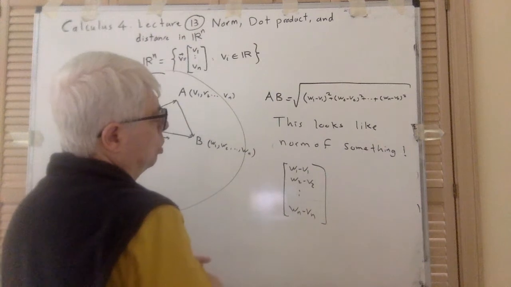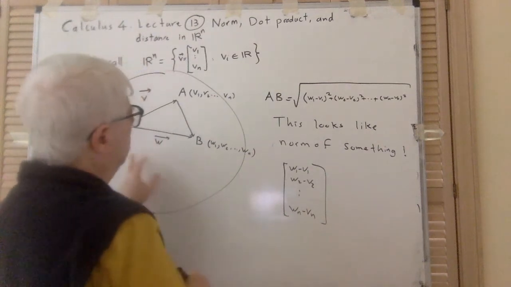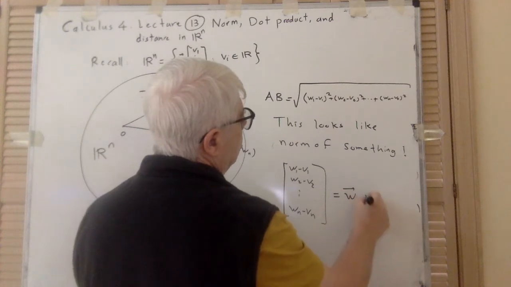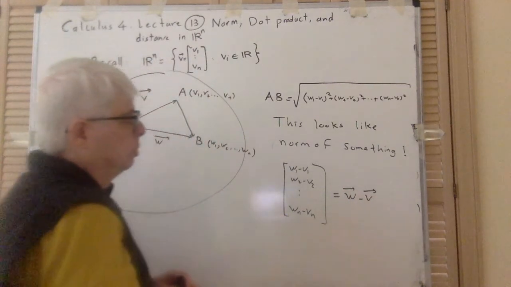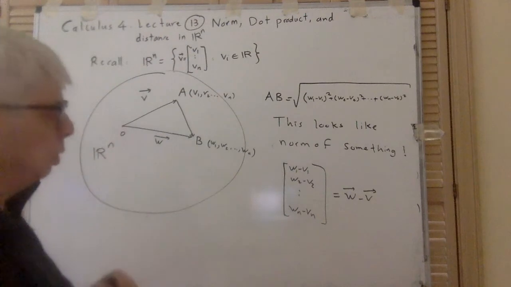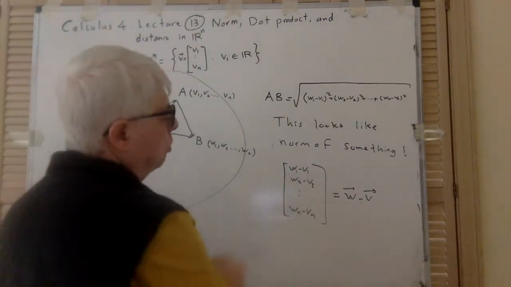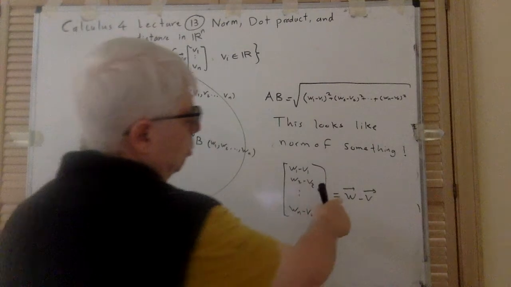Okay, what is this vector? This vector is simply W minus V. So what we are doing is, in fact, finding the norm of this vector.